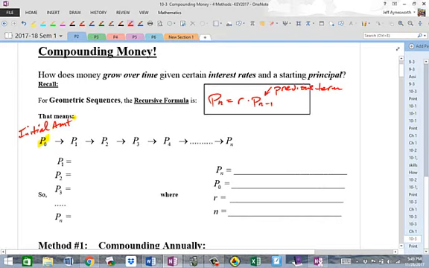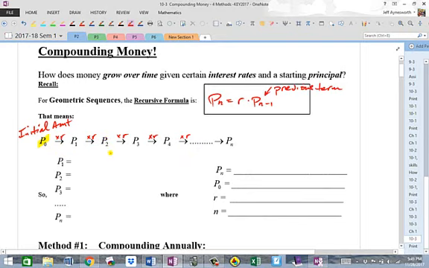We multiply that times r to get p sub 1, then multiply by r again, the common ratio, to get p sub 2, then multiply by r again to get p sub 3, and this happens again and again, all the way to your nth population, or your amount after n transitions. P sub 1 represents the amount after one transition. P sub 2 stands for the amount after two transitions or two time periods.